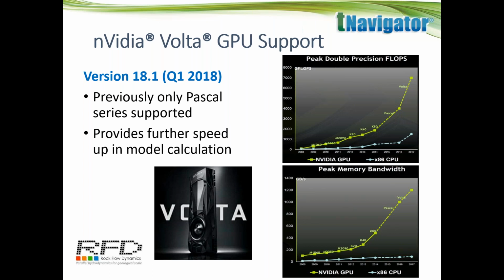But since 1Q 2018, that's what it is highlighted on this slide, we actually introduced a new Volta card, which is now supported by tNavigator as well. And it actually demonstrated the decrease of the simulation time even further for many models.